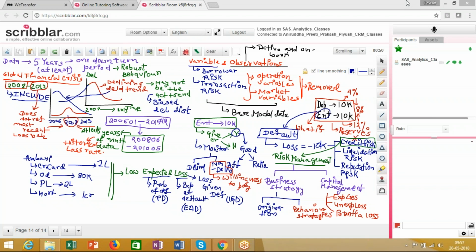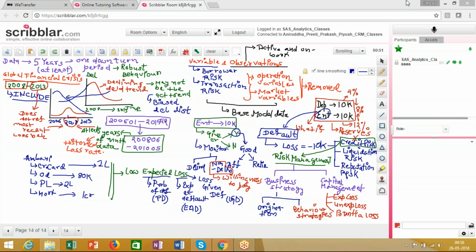So in the next 12 months, if the borrower defaults, what is the exposure that I am expected to have? So over the next 12 months, what is the outstanding exposure? What is the estimated exposure that I will have if the borrower defaults in the next 12 months?